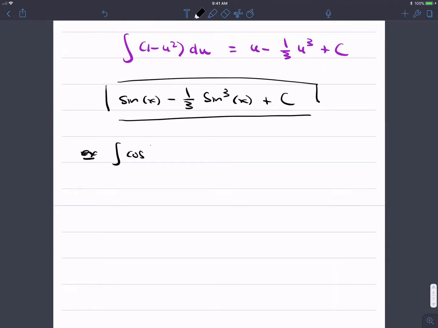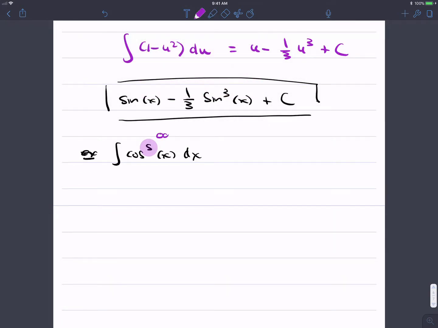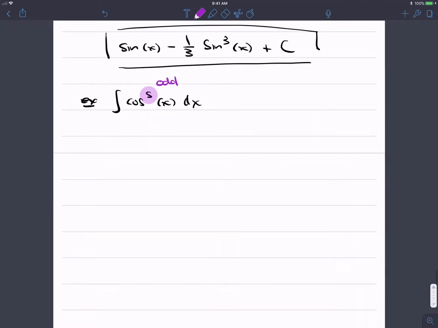Let's try to raise this power again. We have cosine to the 5th power dx. Notice that the power there is odd. We're going to factor out the cosine, so I have cosine times cosine to the 4th power.